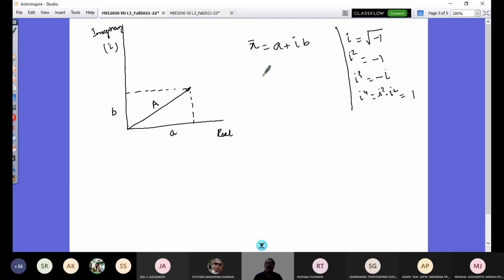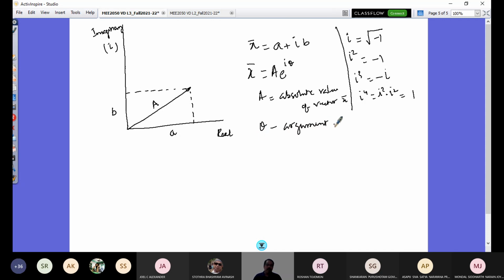So if you understand that, if this is my vector x like this, I can represent this vector x as A amplitude times e raised to i theta. I call this A the absolute value of vector x, and I call this angle theta the argument.